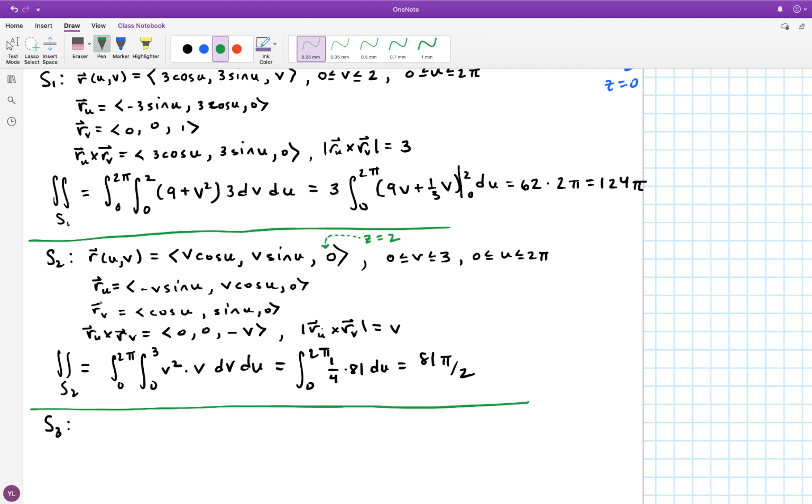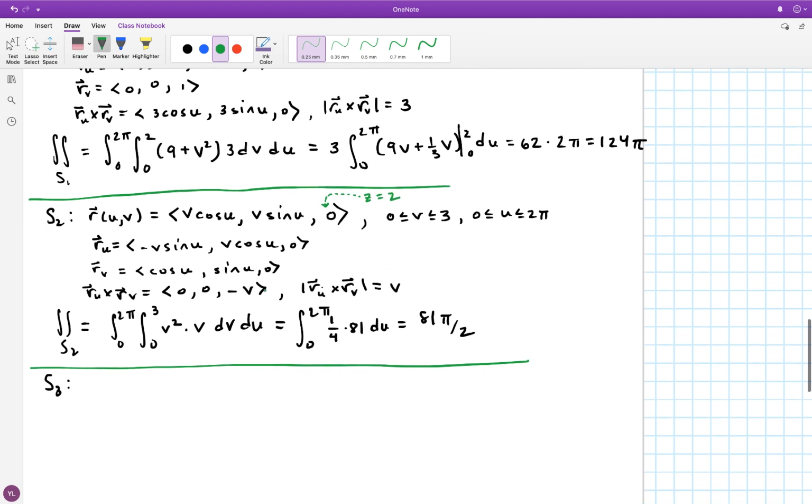So r_u cross r_v is going to look exactly the same. The other thing that's going to change is the integrand. When I take x squared plus y squared, I get my v squared, but then I'm going to get plus z squared, which is plus 4. So I can skip over all this and just jump right to S3. The integral should look like this.